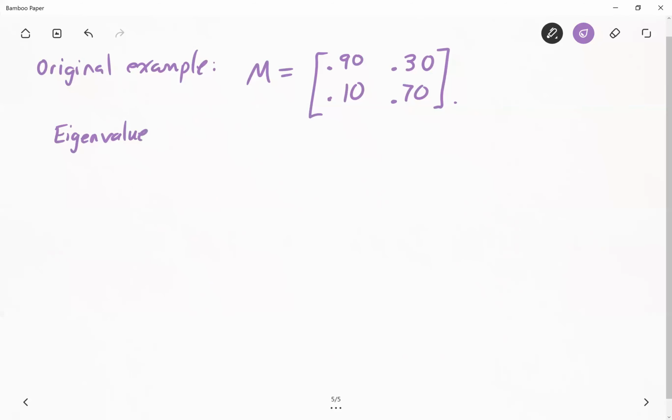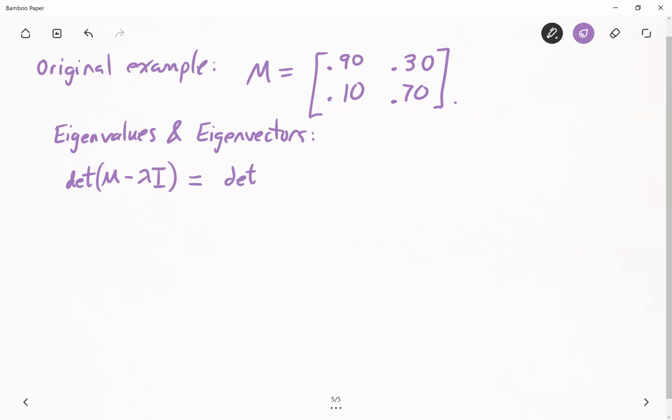So first we have to calculate the characteristic polynomial. Right, we're going to find the determinant of this matrix minus lambda times I and set that equal to 0.